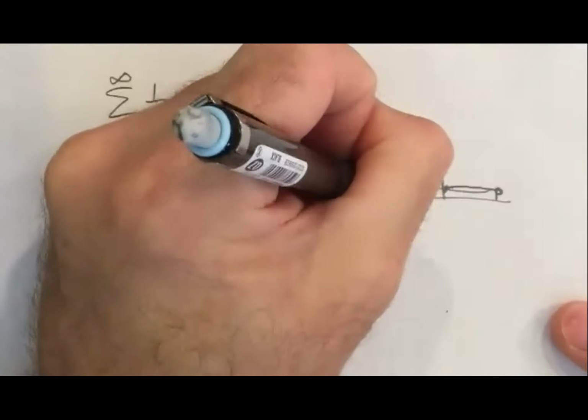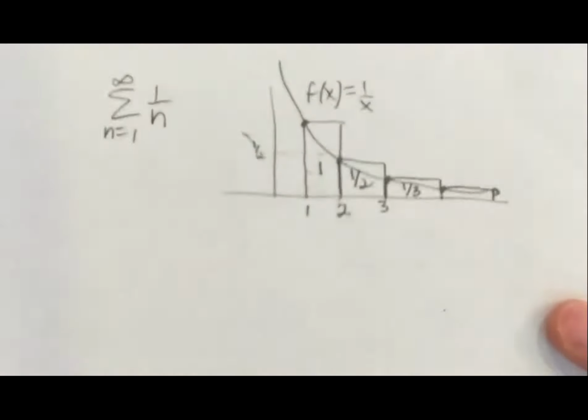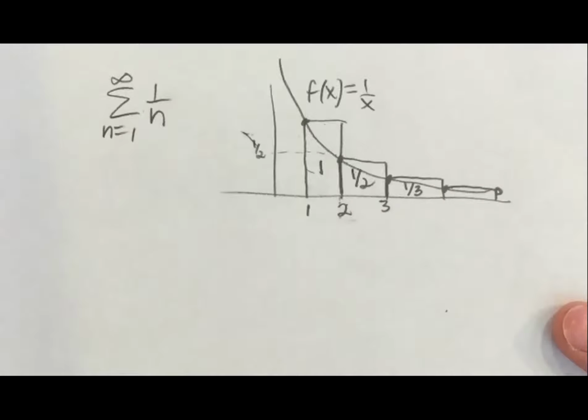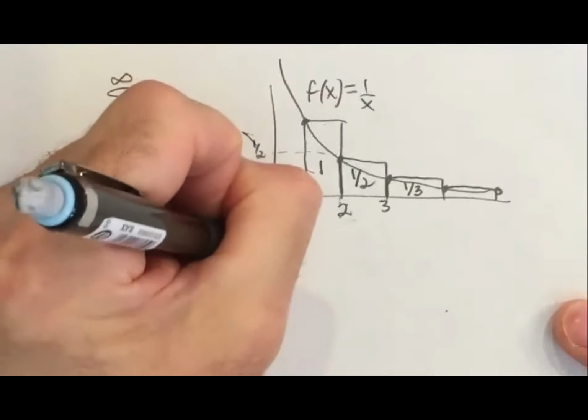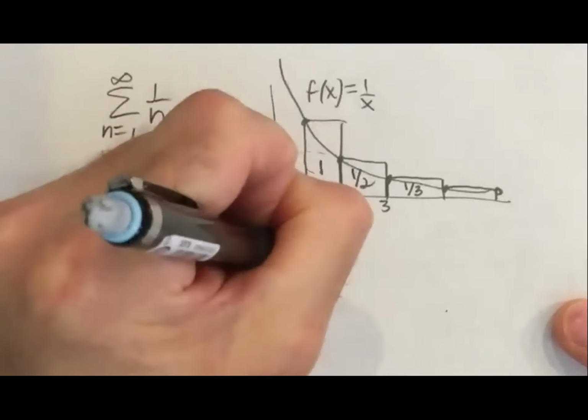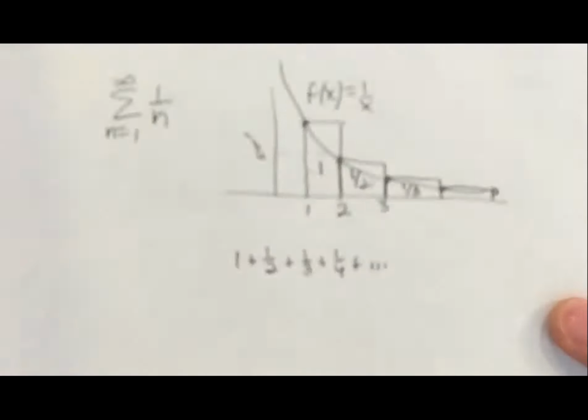Now when I put in 3, I get 1/3 tall, and it's 1 wide. So this area is 1/3. So if I add up all these rectangles, I get 1 plus a half plus a third plus a fourth plus dot, dot, dot, and it keeps on going.